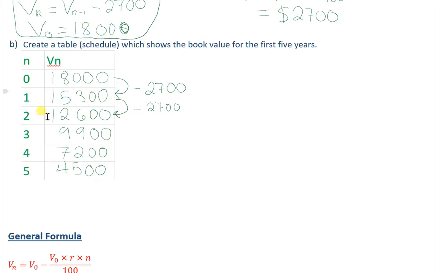So this shows a lovely setup of that schedule. So it starts out at 18,000, drops by the 2,700 each year. So after 5 years, it's worth 4,500.